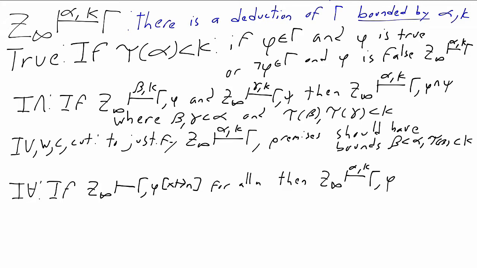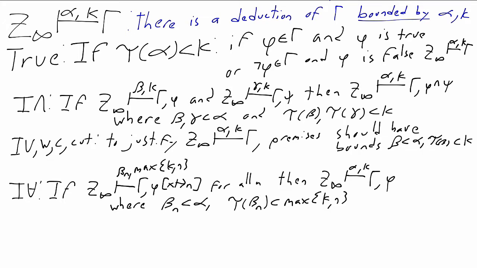But the complexity is going to depend not just on k, but also on n. The bound on tau of beta n should be the larger of k and n. And along with that, the numeric bound on the deduction of gamma comma phi with x maps to n should also be the larger of k and n.